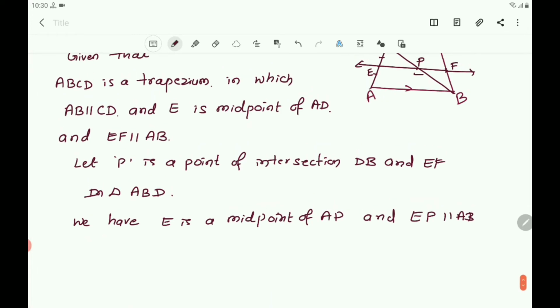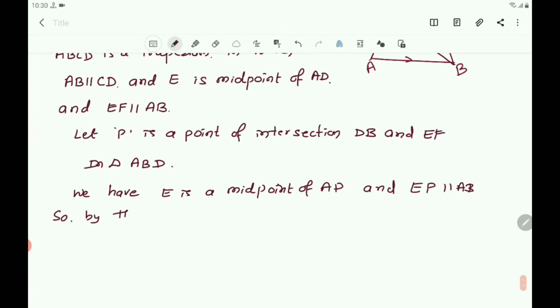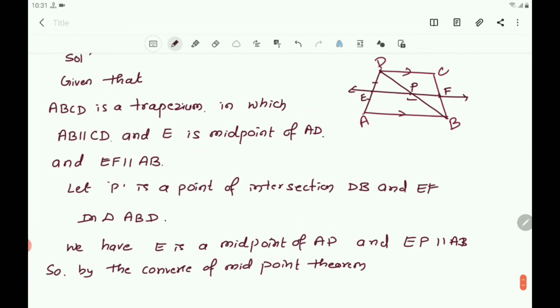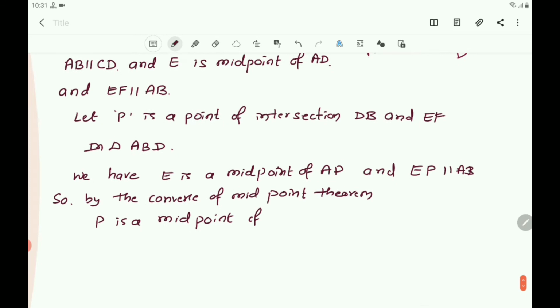So, by the converse of midpoint theorem, what you can have here? P is a midpoint of DB.